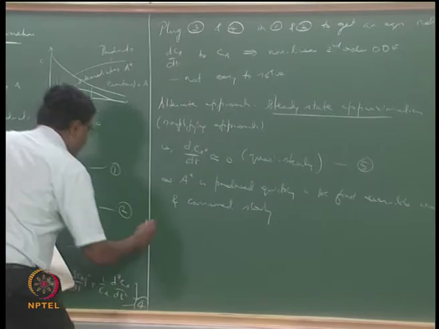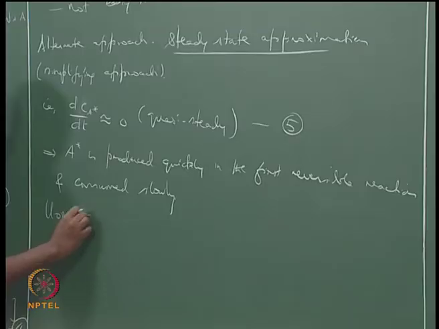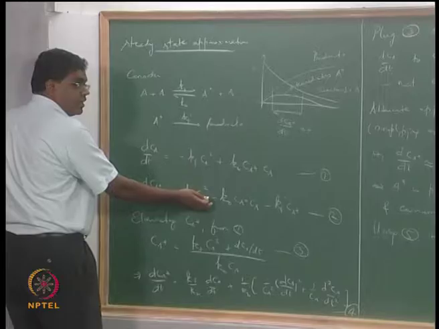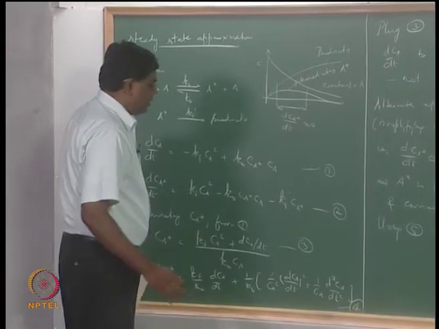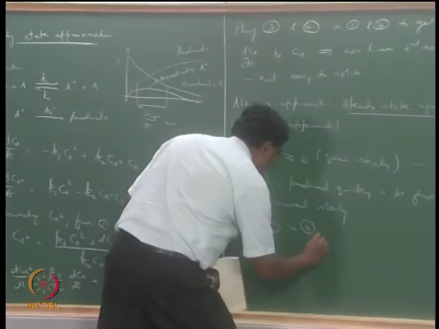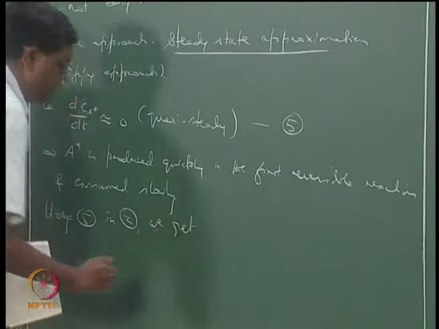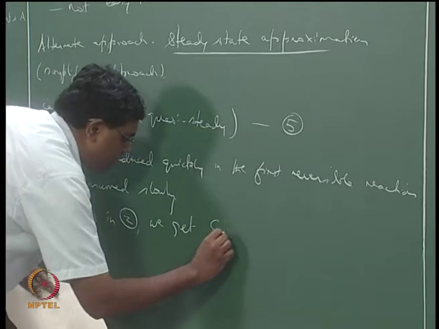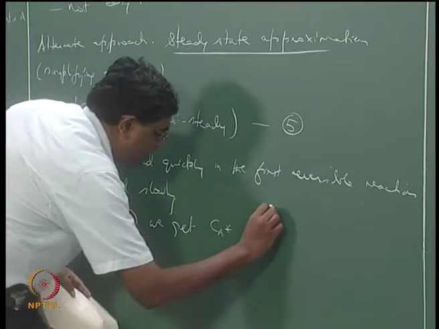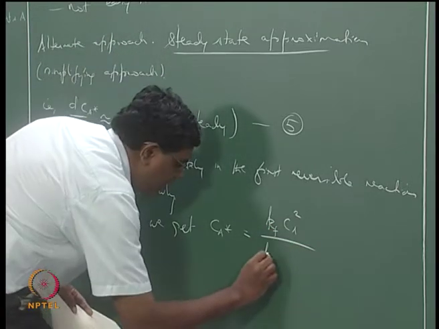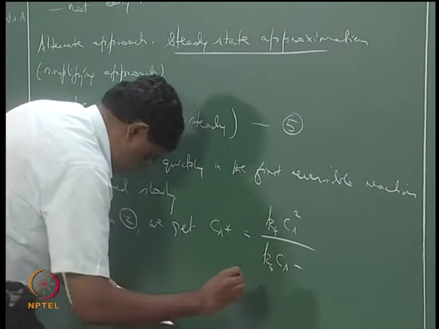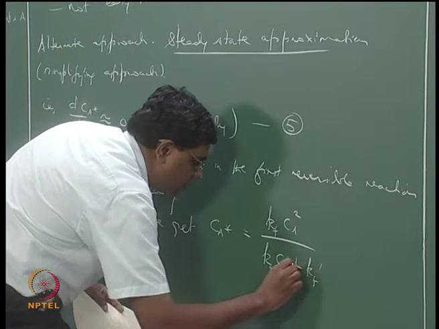Then using 5 and 2, if you apply 5 to 2, go back here, right, and say dCA star over dt is approximately equal to 0, we get Ca star equal to Kf Ca squared divided by Kb Ca plus Kf prime.